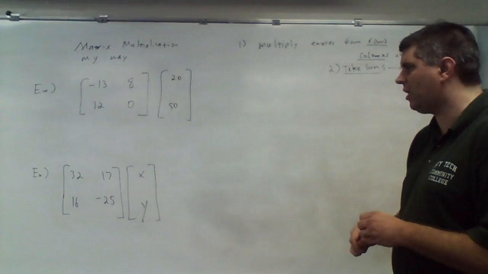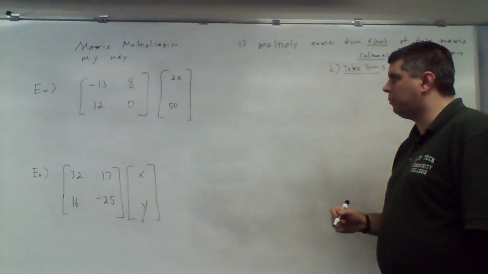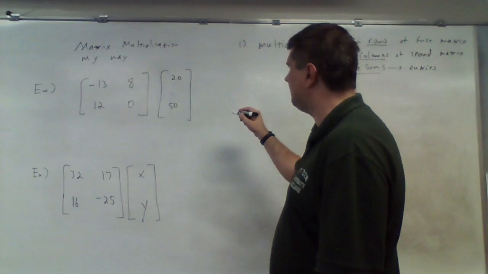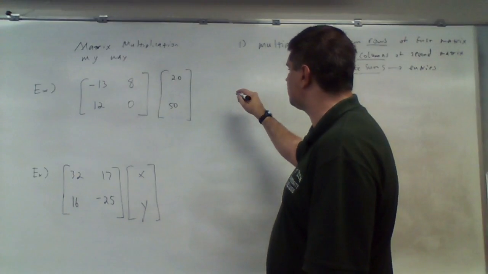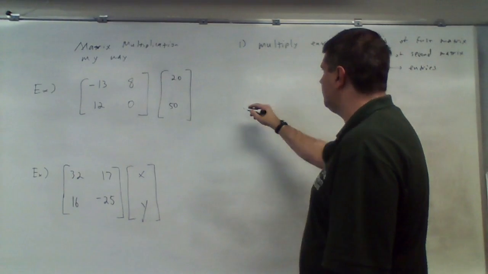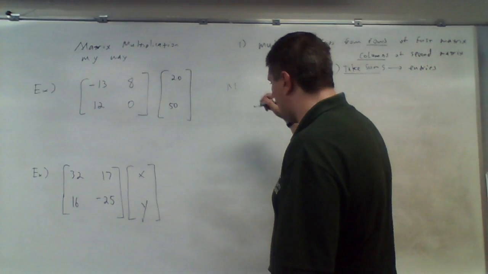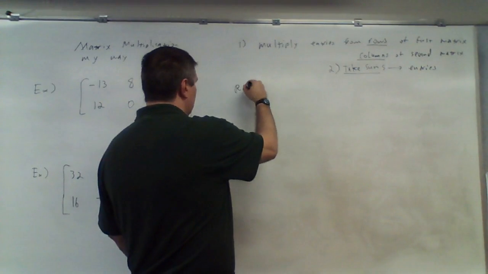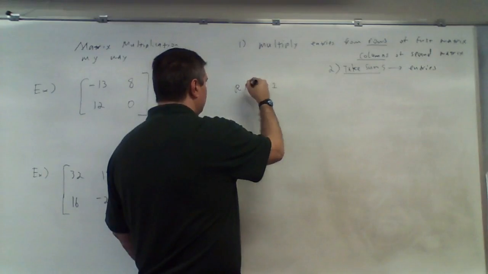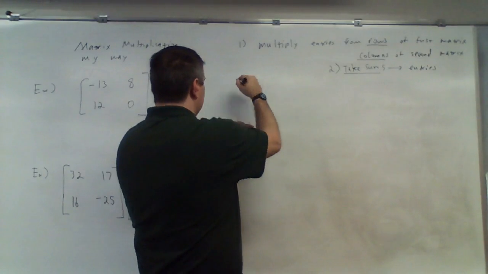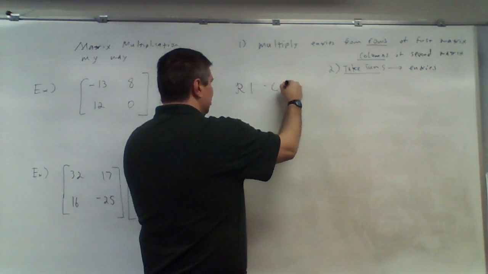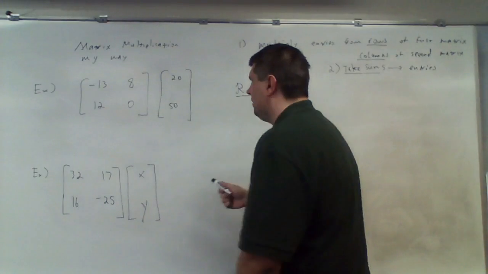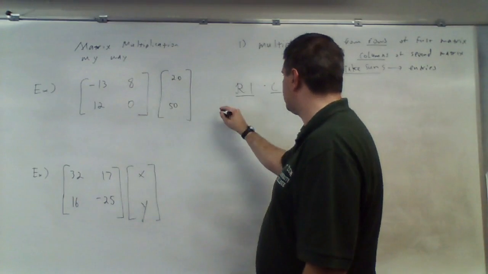All right, so let me talk about a few more doable ones, that may look like they have odd shapes. All right, so this one, row 1 times column 1. Okay, first entry, second entry.